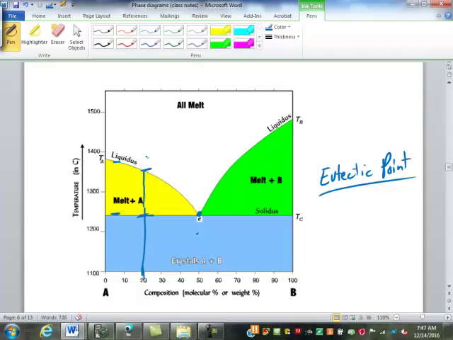It'll be all liquid. In between there, it's going to be some solid, some liquid. It's going to be mush. At this mixture, which looks to be about 50-50, it goes straight from solid to liquid. There's no mush stage. But as you get more in there, it goes back to having a mush stage. And we're going to describe that mush stage in a little bit.